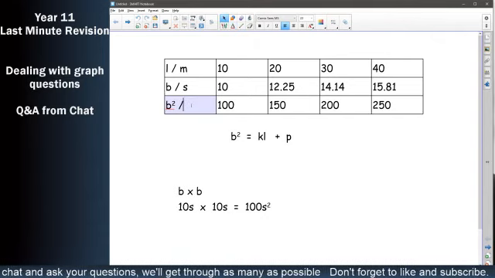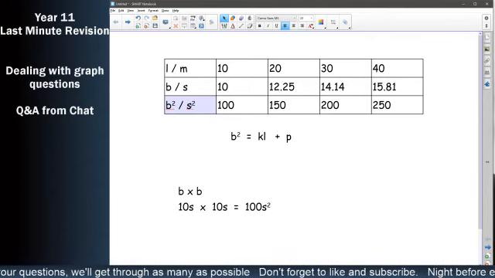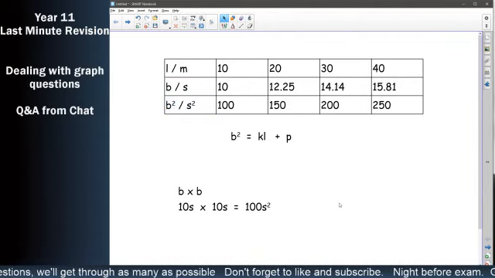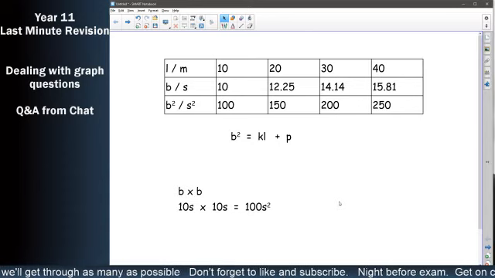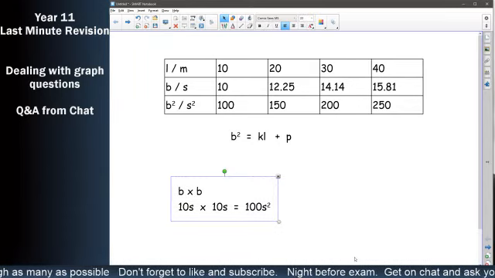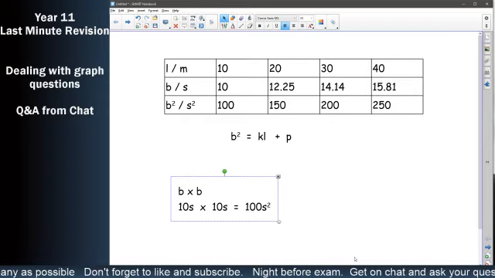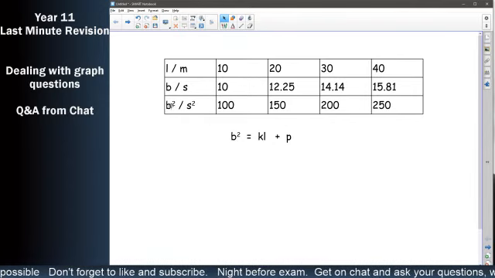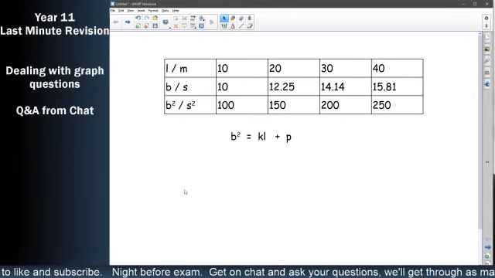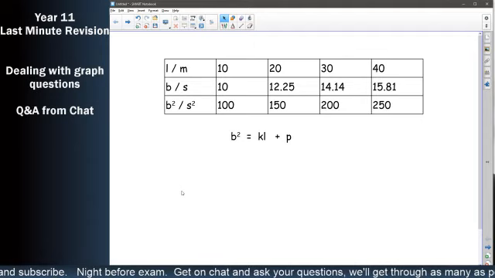So B squared is always going to leave us with a little leftover s squared that we have to deal with, and that is our unit. So that tends to be the first section of that. You've got 3 marks on the board there probably for that. You're not getting much for s squared because you can just look at B squared, seconds squared. The explanation down here is not entirely necessary, but useful nonetheless.